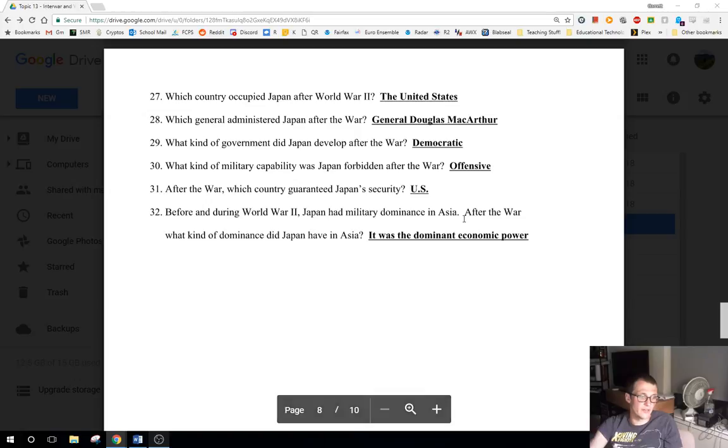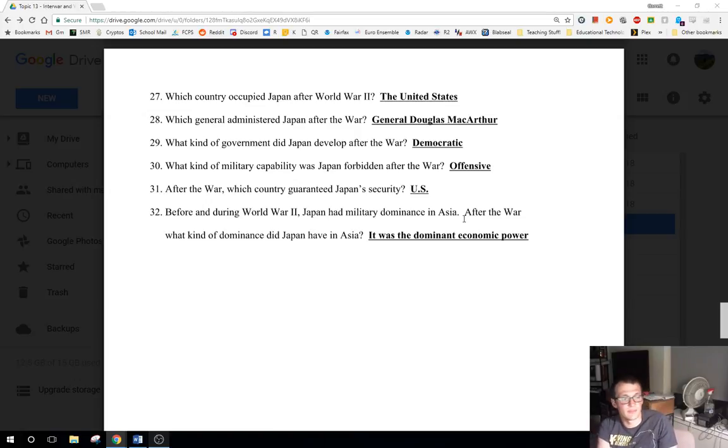So now to sum it all up here at the very end, or not really sum it up, but just take it home here. After the war in Japan, the United States is going to occupy Japan. The man who's going to be in charge of this occupation is a man named Douglas MacArthur, who was one of the main generals on the Pacific Front as we headed west across the Pacific Ocean.